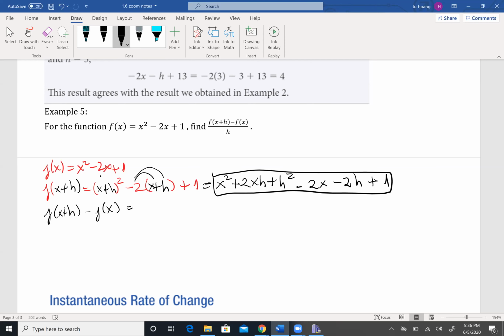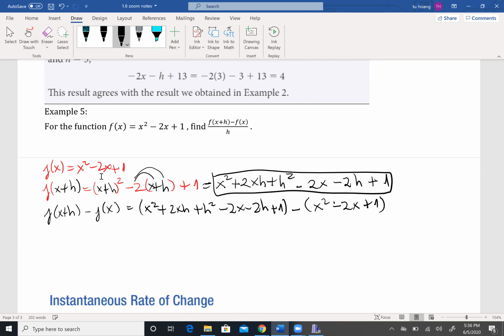So that should be f(x + h). Okay, and now it's time to substitute that. x squared plus 2xh plus h squared minus 2x minus 2h plus 1, and then you minus f(x). What is f(x)? f(x) is x squared minus 2x plus 1.